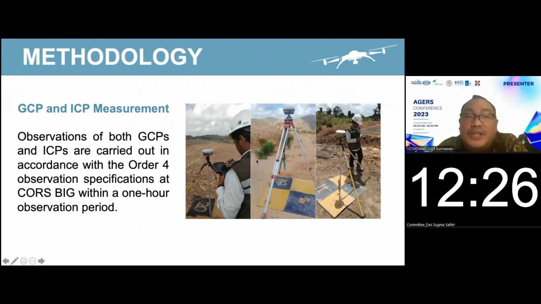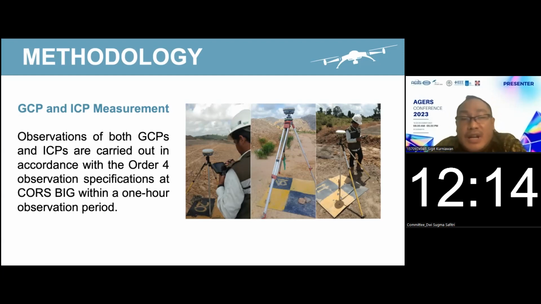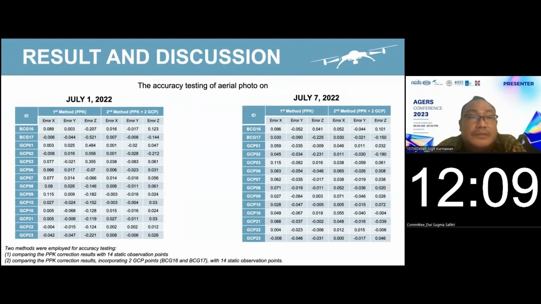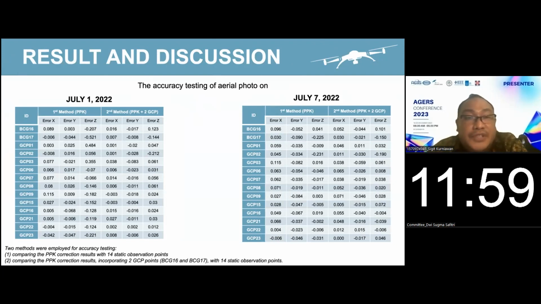The observation of both GCP and ICP was carried out in accordance with the observation specification at CORS by BIG within a 1 hour observation period. This is the result we can see in the table for a 2 week period, from 1st July to 7th July.